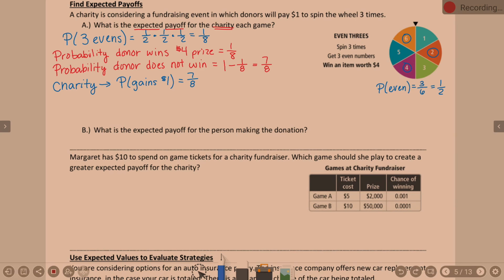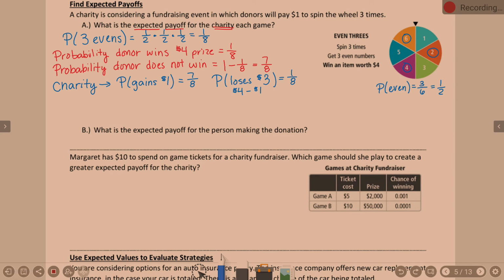So the charity is out $3 on me. So the other option is the probability that they lose $3, and that probability is 1/8, because that's the probability I win. If it helps, you can write underneath, $4 minus $1, yes? That's how we could lose $3.